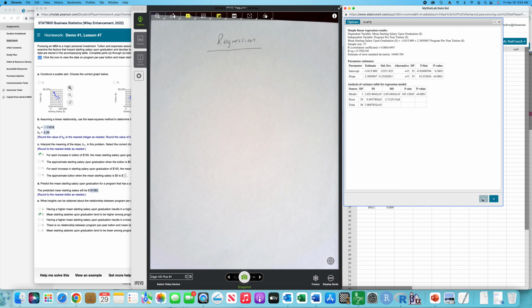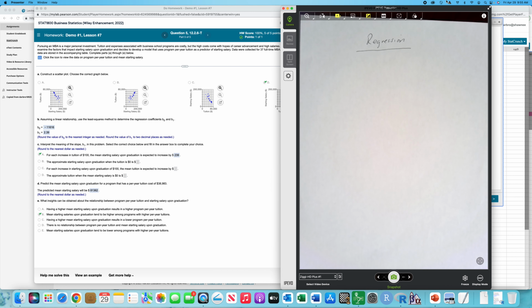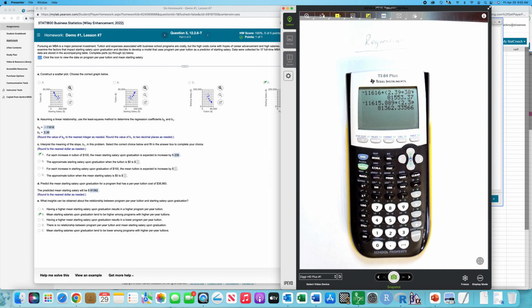Now, if I type in negative 11,615.889 plus 2.3850967, and then multiply by the 38,983, notice that I get the correct answer.